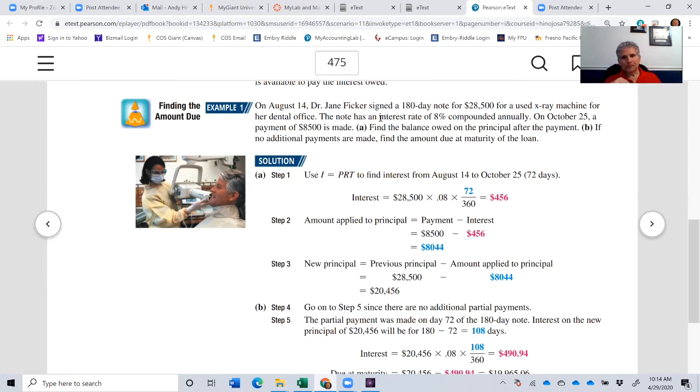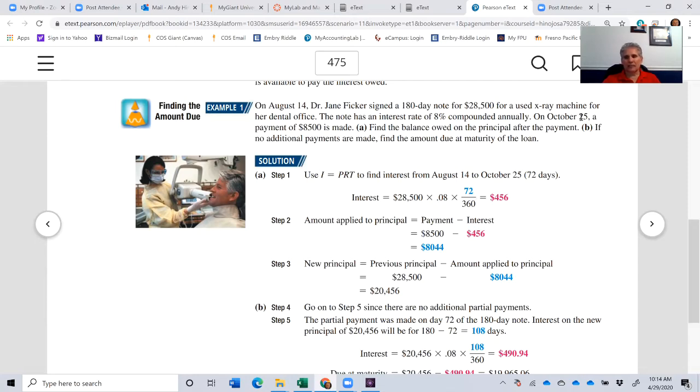So the first thing we need to do is figure out, okay, August 14th she borrowed the money, and at this point in time she wants to make a payment on October 25th. So we need to figure out how many days there are between August 14th and October 25th. Now you can use the months.